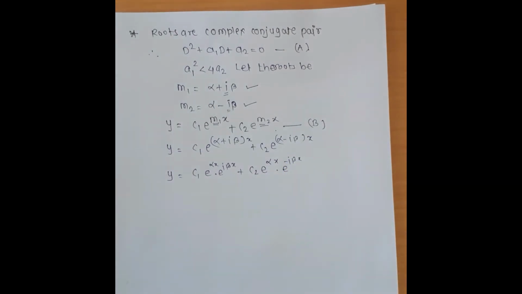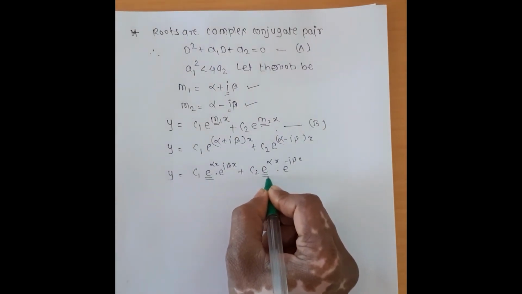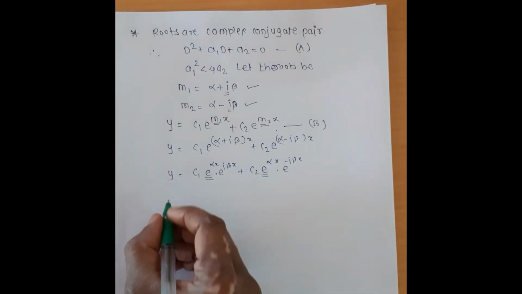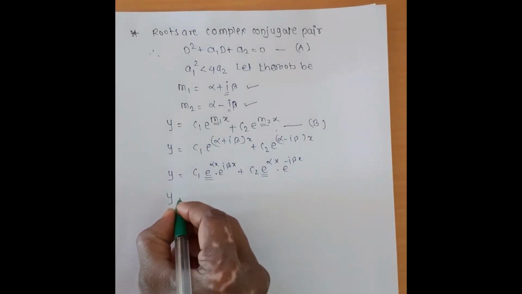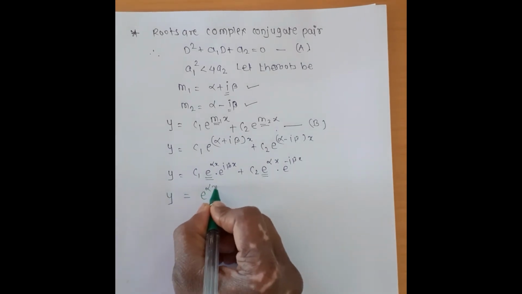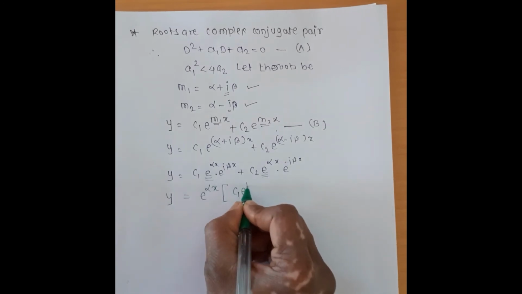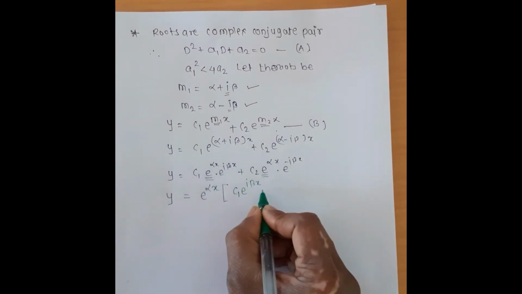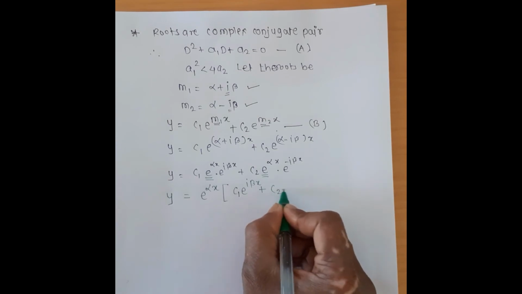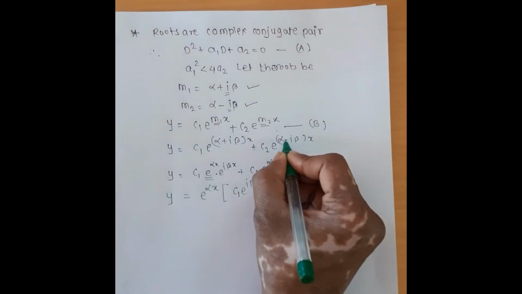Now the common term is e raised to alpha x, so it is written outside the bracket. So y is equal to e raised to alpha x, outside the bracket, and in the bracket c1 e raised to i beta x plus c2 e raised to minus i beta x, because here there is a negative sign.